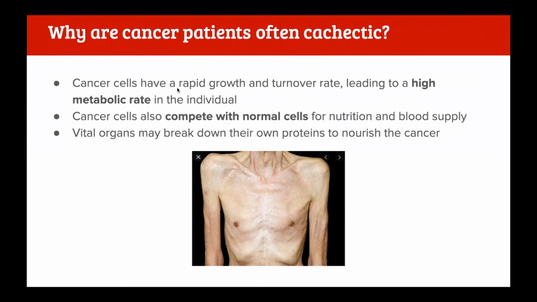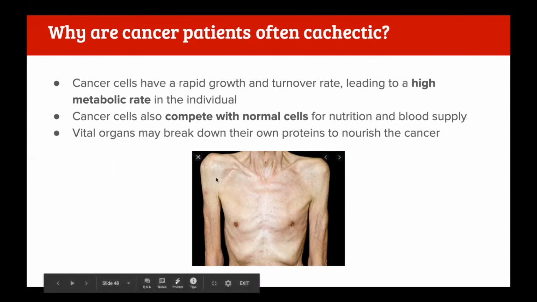And this is because cancer cells have a rapid growth and turnover rate, leading to a high metabolic rate in the individual. Cancer cells also compete with normal cells for nutrition and blood supply, and vital organs may break down their own proteins to nourish the cancer. So this is why often many cancer patients present with cachexia.